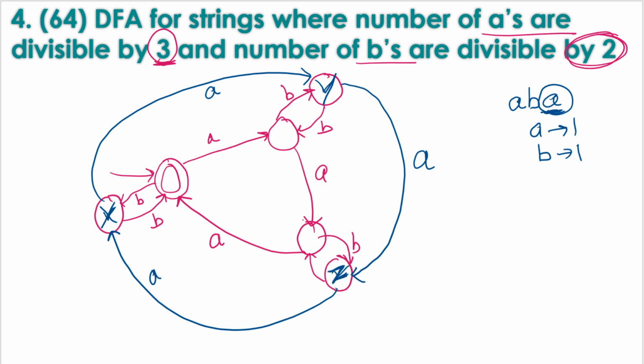Here we have the transition for B. So here we need to move to the state Z only, because Z is the only state from where we are getting a single B and a single A and moving to the final state. Okay, you can check for other states also.